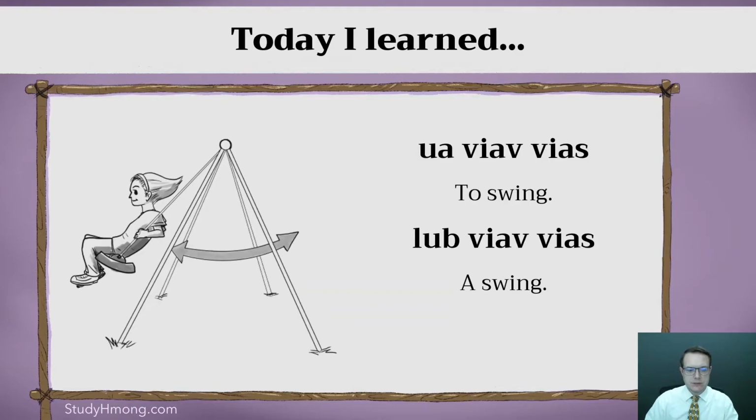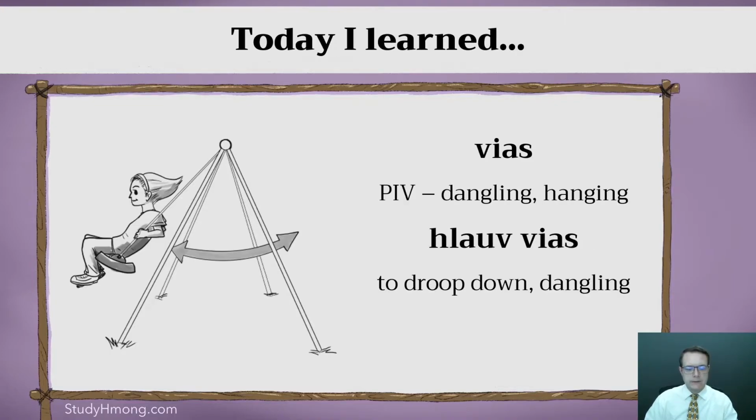Interestingly, when you search via via on YouTube or the internet, you'll find a lot of videos of people's kids on swings. So that is probably what comes most to mind when they hear that vocab word. Now, if you separate it out, the word or can mean to do, via is literally the part that means swing. Now that last word, via, that's a post-verbal intensifier.